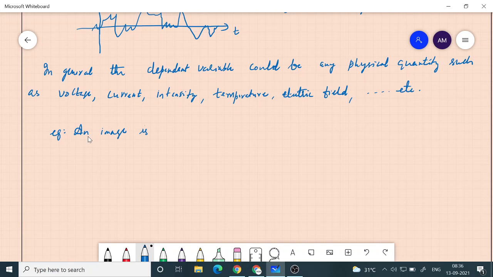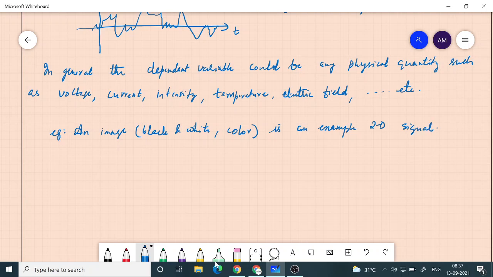If it is a black and white image, so it could be black and white or it could be color. Is an example of 2D signal.